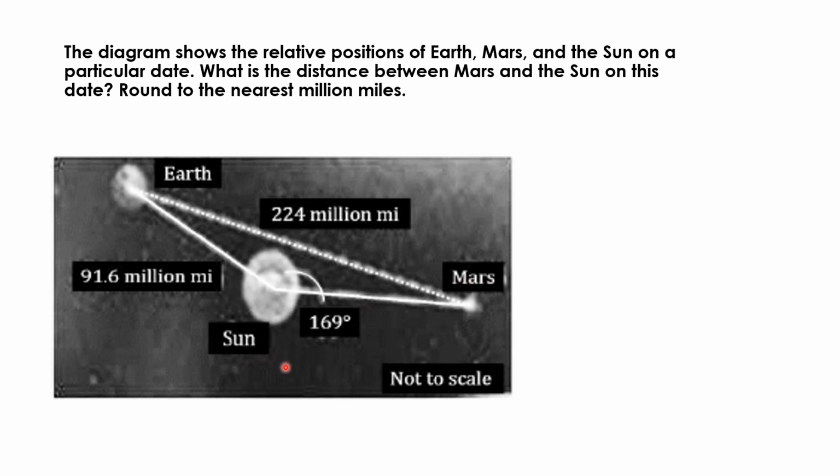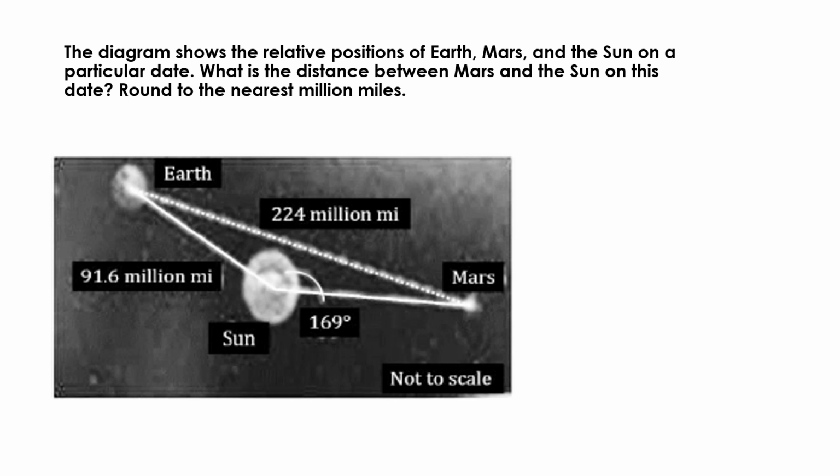To find that, we already have the 169 degrees, then the 91.6. So we need to find each part para makarating tayo dito. Let's start by finding the side, which is this one. Okay.